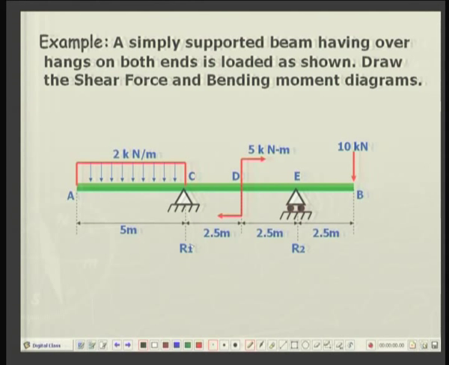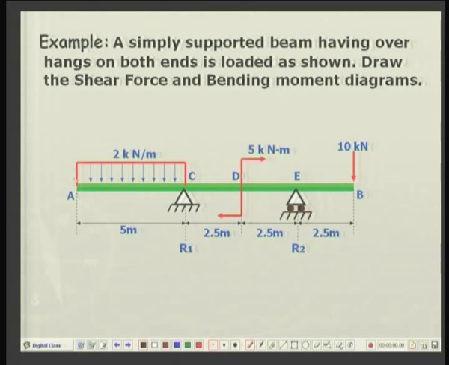So, now first we will consider the entire beam as a single free body to determine the two reactions, and then we will proceed from section to section.